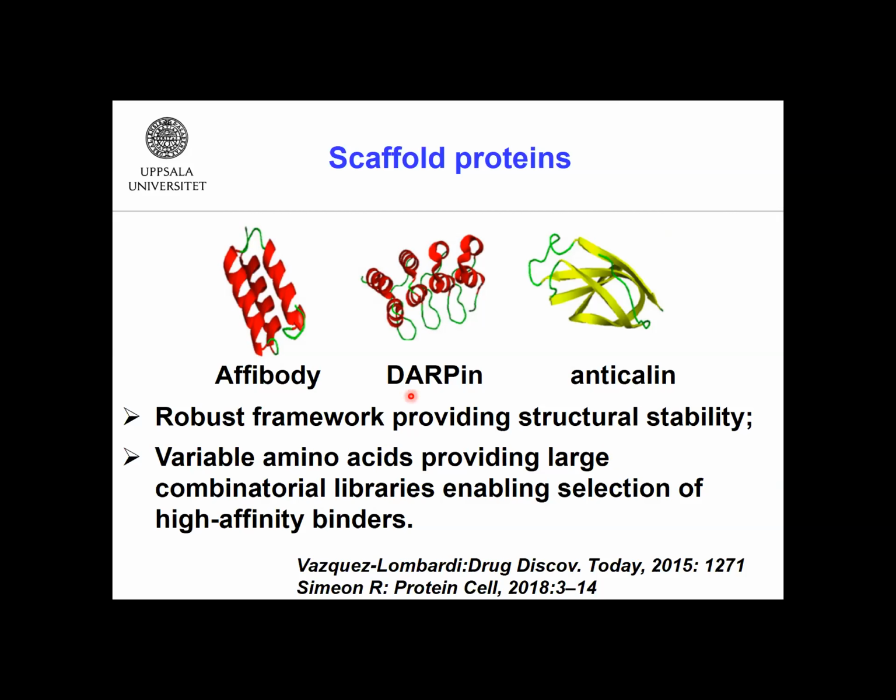But a scaffold protein contains this robust framework, which holds in a very defined position the variable amino acids of the library. So in this way, you have a big library which has a very well defined geometry or stereometry of the folding.